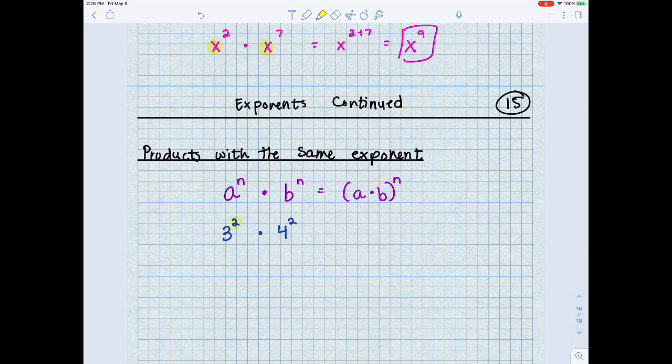Notice how the exponents are the same number, but the bases are different. The bases have to be different to use this rule here. So what I'm going to do is multiply my bases, so 3 times 4, and raise it to the second power. And so I know this is equal to 12 squared, which we know is equal to 144.